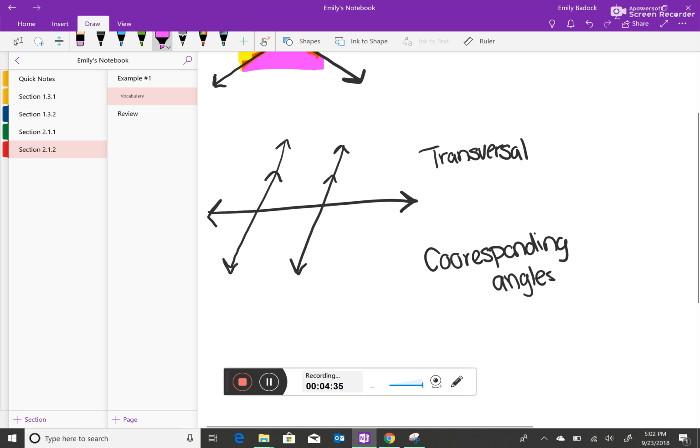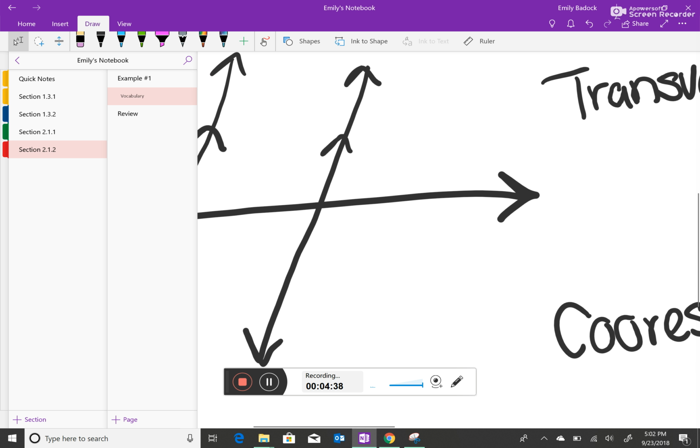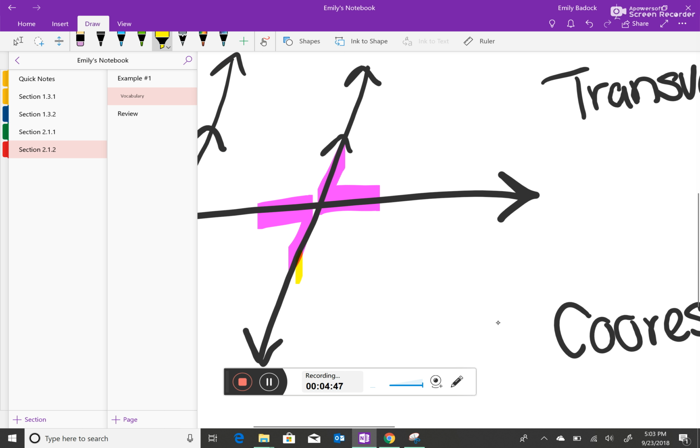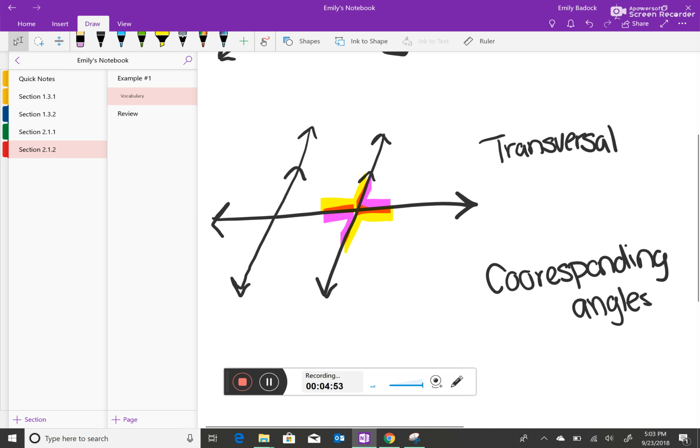So if you actually zoom in here, and let's forget about that second line for a minute, this is also called vertex angles. So we know that this is equal to this, and this is equal to this. But what if we want bigger picture? We want more. So a transversal is a line that crosses two parallel lines.